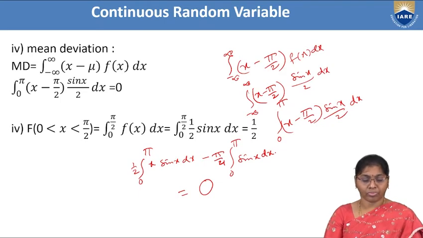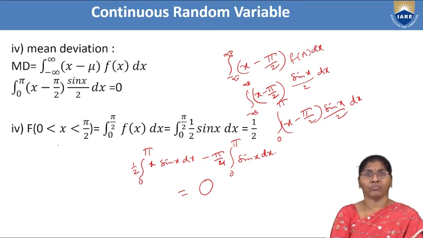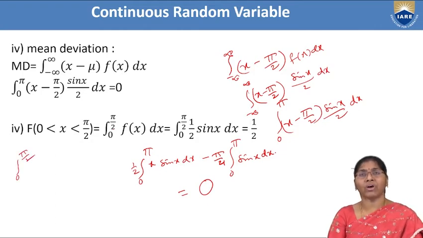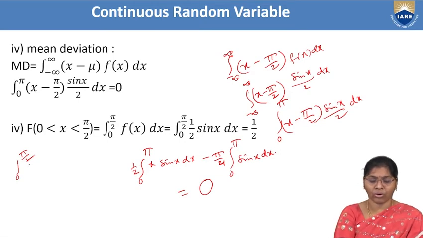Now next, and finally the fourth one is the integral of f of x for 0 less than x less than pi by 2, in the given condition. Then simply we are solving the integral 0 to pi by 2 of the given function, f of x equal to 1 by 2 sin x dx. 1 by 2 is the constant, integral 0 to pi by 2 sin x dx.